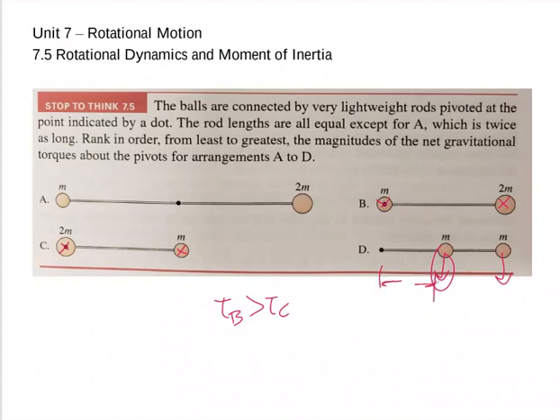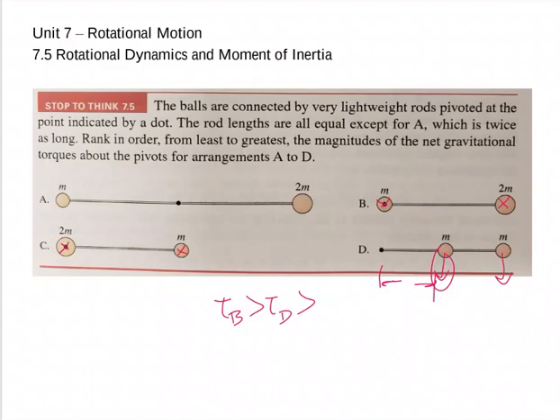We have this radius here. It has the same amount of mass, but not all of the mass is all the way on the outside. Then the torque on B must be greater than the torque on D as well, right? So we need to adjust our little ranking system here and actually put D between C and B. So this would be D and then C.